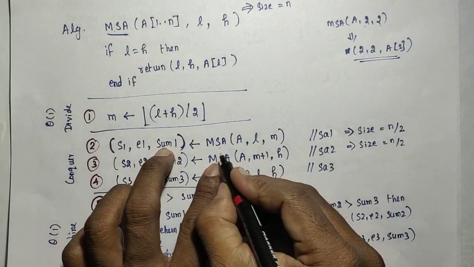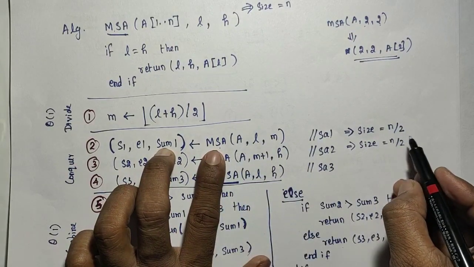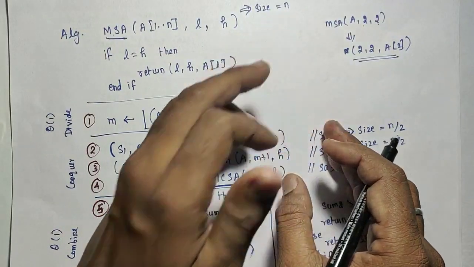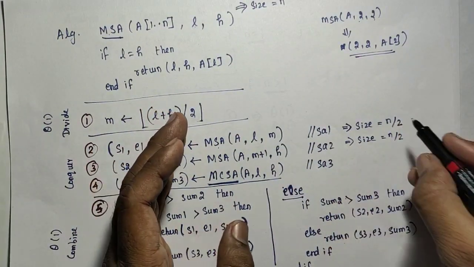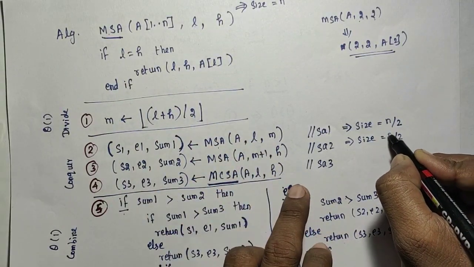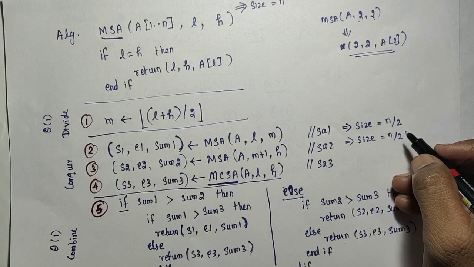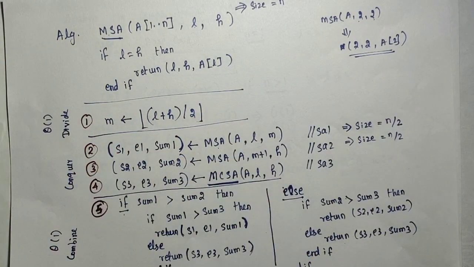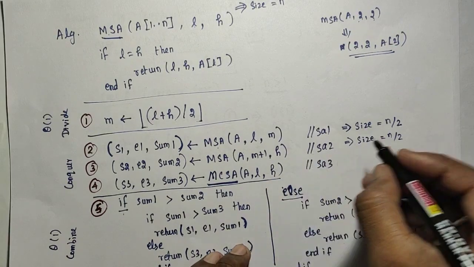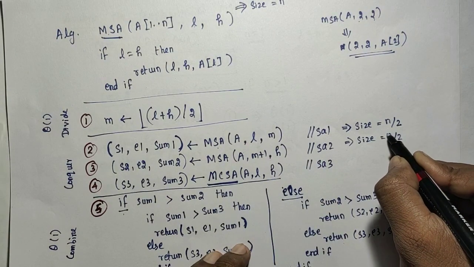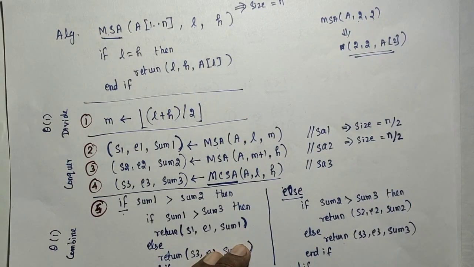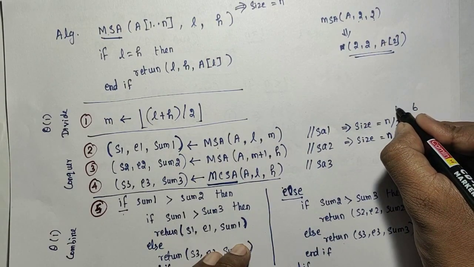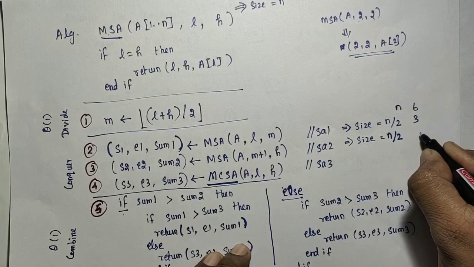So this recursive call is going to be executed for that size. If the number of elements is odd, then it is divided: a floor of n by 2 will go here and a ceil of n by 2 will go here. But usually the first half goes to the first recursive call and the second half goes to the second recursive call, so the size is considered as n by 2 and n by 2. If n equals 6, it will be divided into 3 and 3.